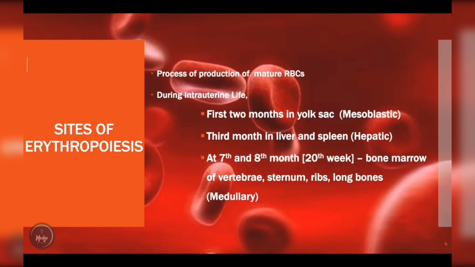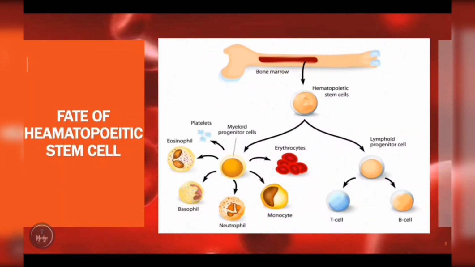The sites where RBCs are produced: in intrauterine life, for the first 2 months in the yolk sac, which is also called the mesoblastic stage; in the third month in the liver and spleen; and from the 7th and 8th month in the bone marrow of vertebrae and long bones. From bone marrow, hematopoietic stem cells are produced.